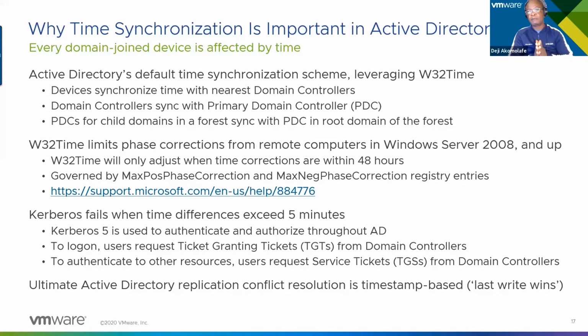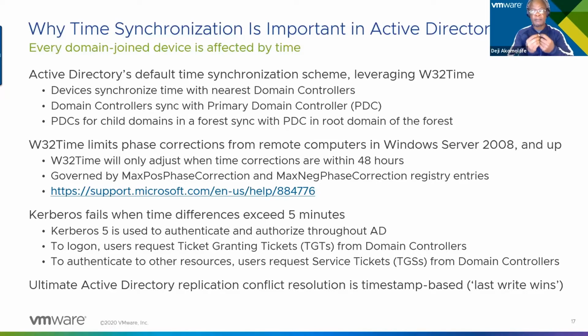Another critical use for time in AD is Kerberos authentication and, of course, authorization. Kerberos 5 is used for authenticating and authorizing in AD, and it's used for the TGT from domain controllers to authenticate other resources.